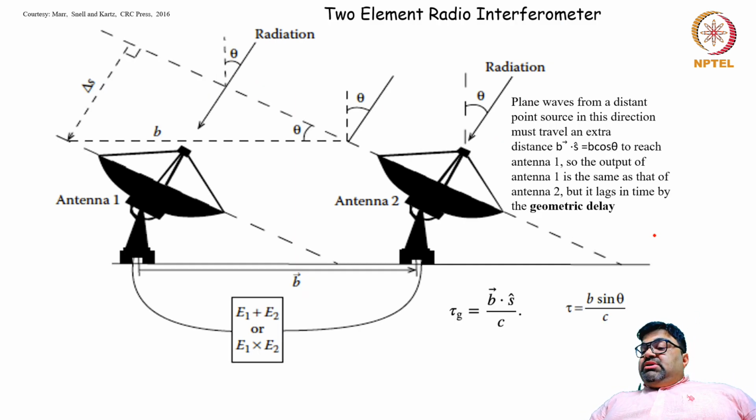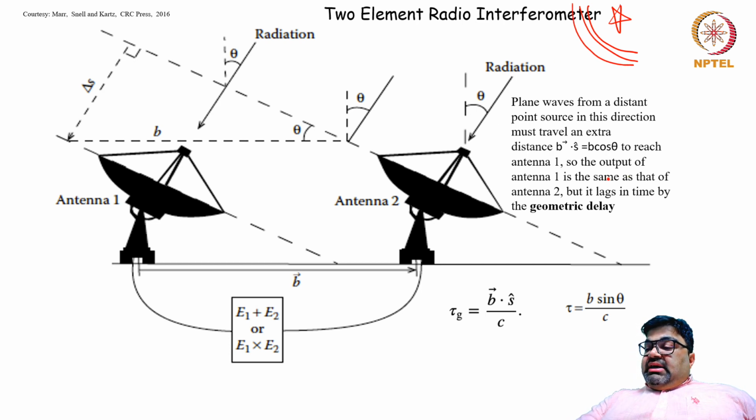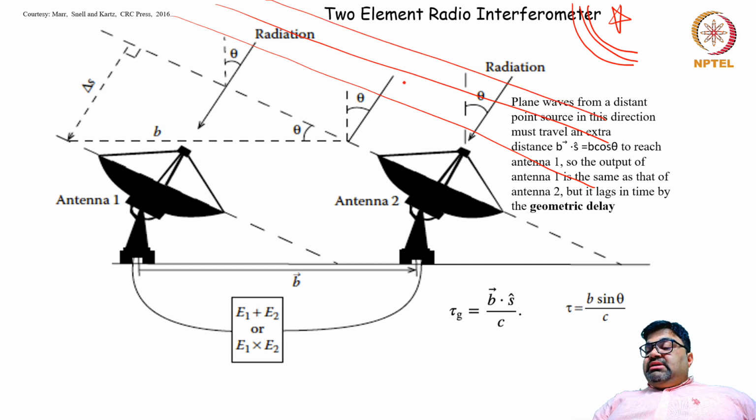So let us see. The radiation is coming from the far field, and the rays are parallel to each other. So what is the problem? When the star has emitted the spherical waves, and they arrive at the far field near the two antennas, they are parallel to each other. If I sample the same wavefront coming from the star, there will be a little bit of a delay between the two antennas.